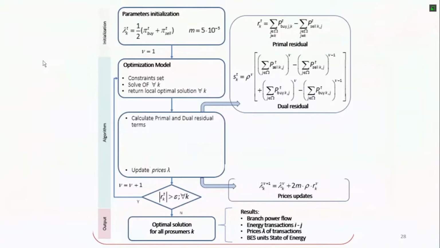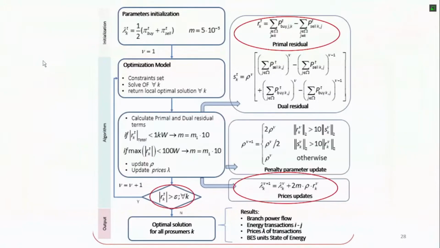Is it good until now? Then there is the trick for rho, which is not fixed because we want to decrease the number of iterations. So this rho is updated at each iteration or every few iterations on the basis of both the error, the mismatch, which is called the primal residual in the literature, but also the deviation with respect to the values of the previous iteration.